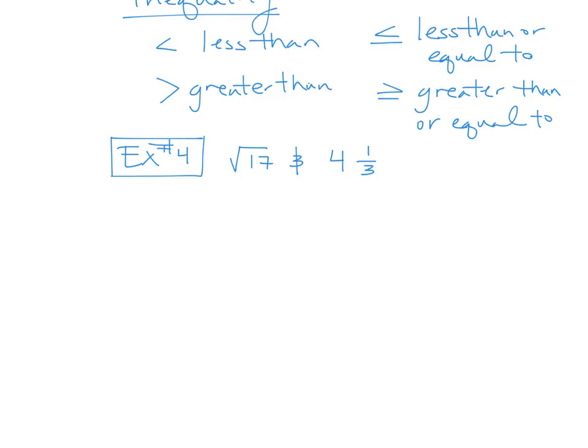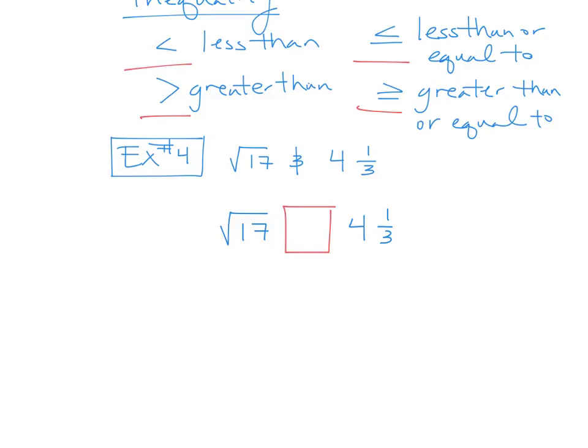So it's going to be the square root of 17 somehow relates to 4 1/3, and we just need to figure out what symbol goes between them. Does anyone know how you can tell? We're trying to figure out which of these four symbols should go in that box to compare them. Okay? Here's what you do.